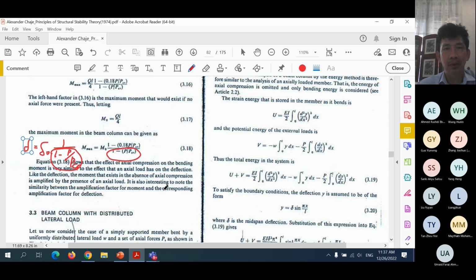Now, before we go to the next case, to see the derivation of the amplification factor for a beam column with distributed lateral load, I would like to go back to the previous page, this diagram here.